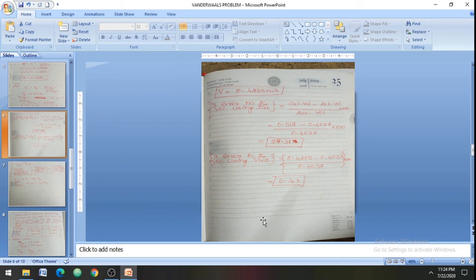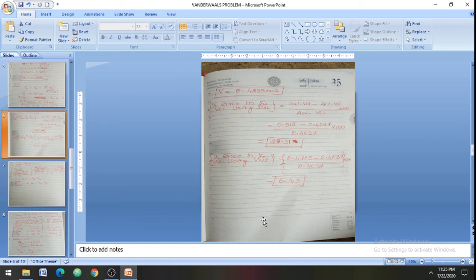Second case, percentage error in the volume using the Van der Waals equation. In this case also the same formula: calculated volume minus actual volume, divided by actual volume, into 100. The calculated volume from the Van der Waals equation is 0.4285, and the actual volume is the given value.